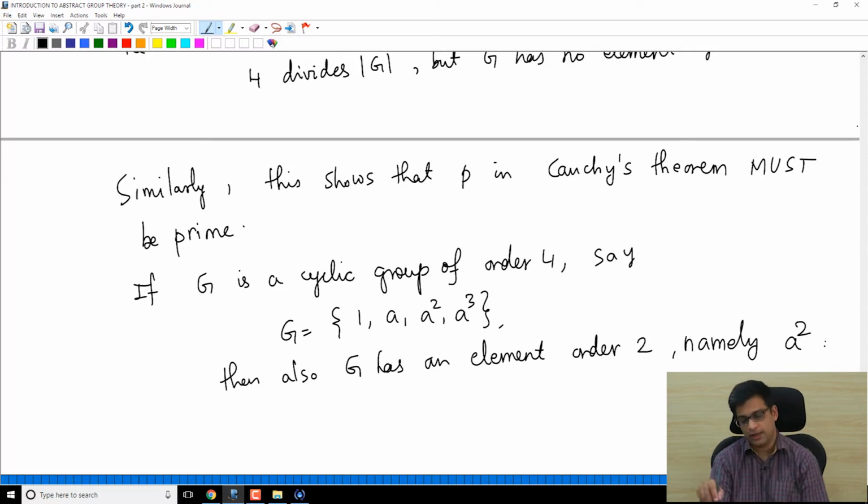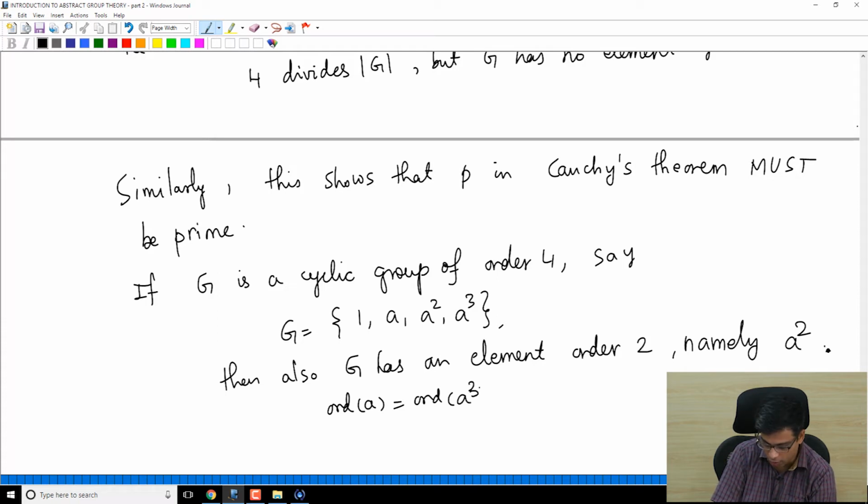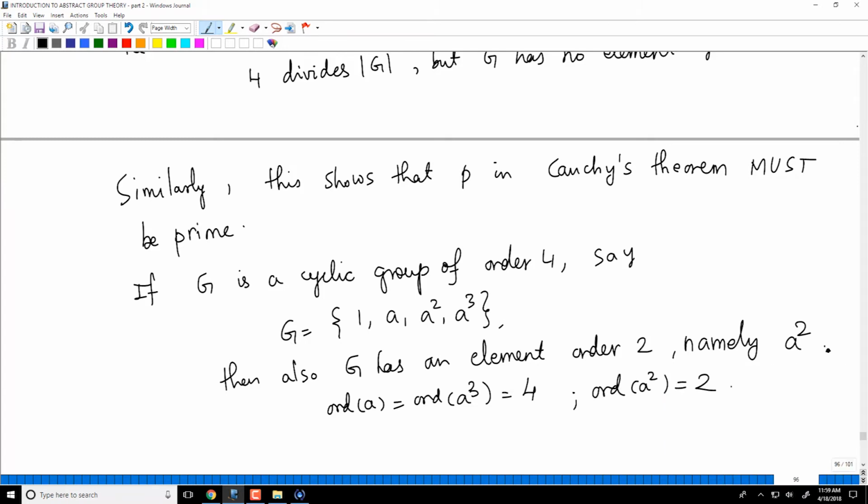So Cauchy's theorem applies to this and says that if 2 divides 4, 2 is a prime number, it must have an element of order 2. So it does, because it's a squared. So in this case there is only one element of order 2, because the order of a as well as a cubed is 4, the order of a squared is 2, and let's call this element e, the order of e is 1.